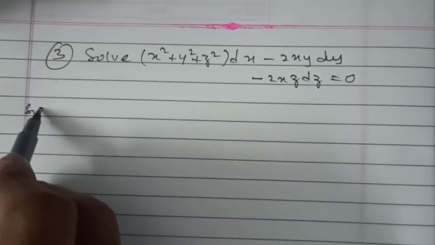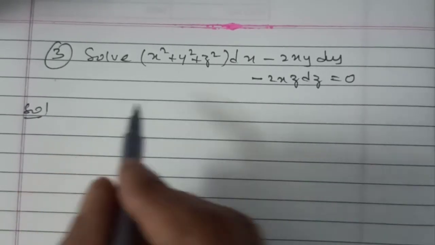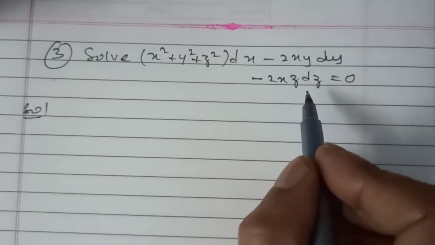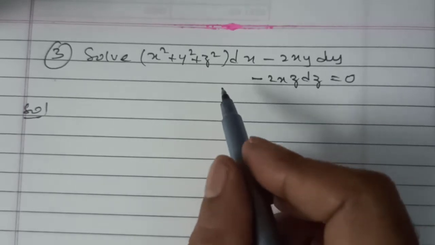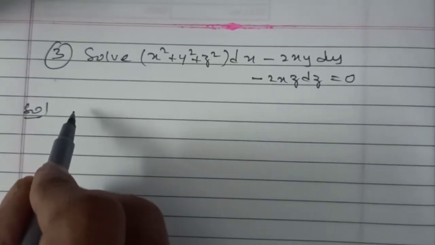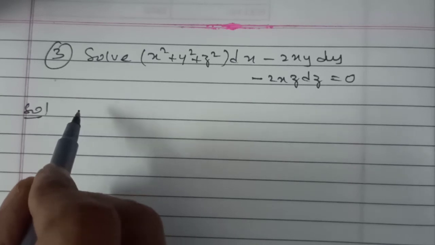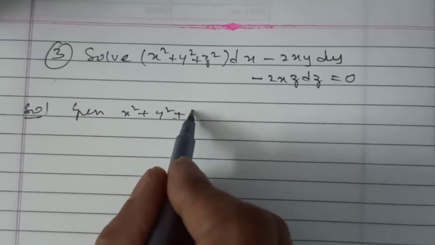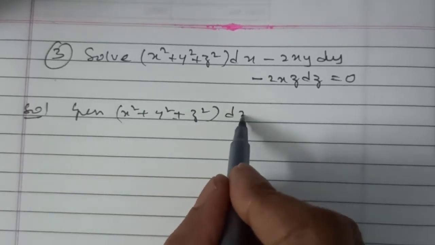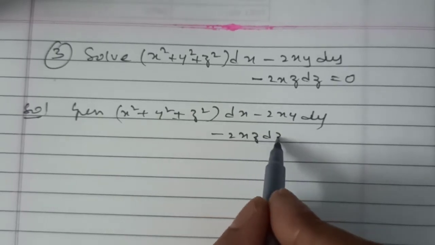See that now, given, so these two terms also can be integrable, right? Because here x is common, suppose we take x as constant. Given (x square plus y square plus z square) dx minus 2xy dy minus 2xz dz is equal to 0.